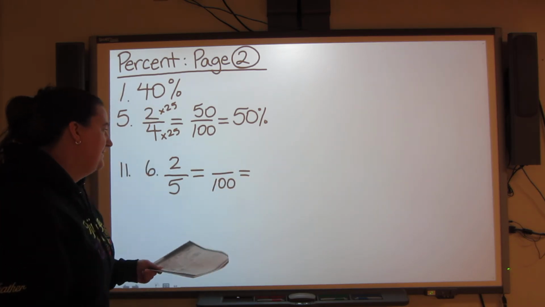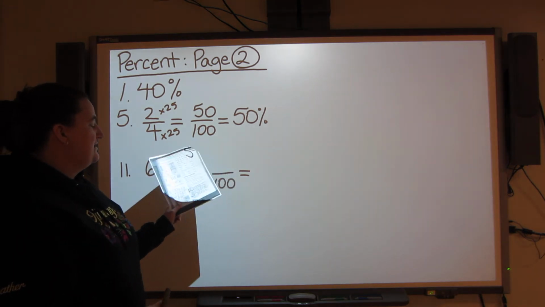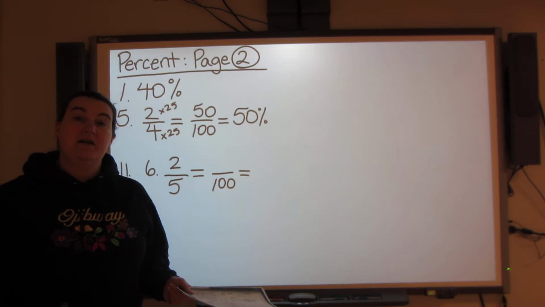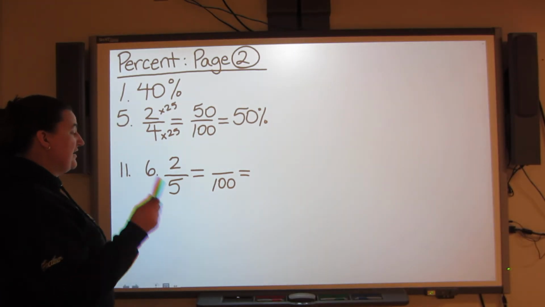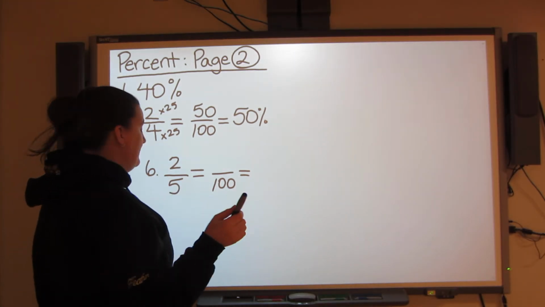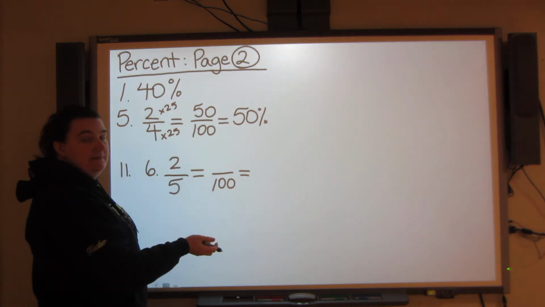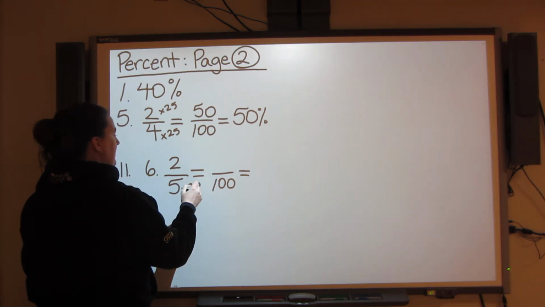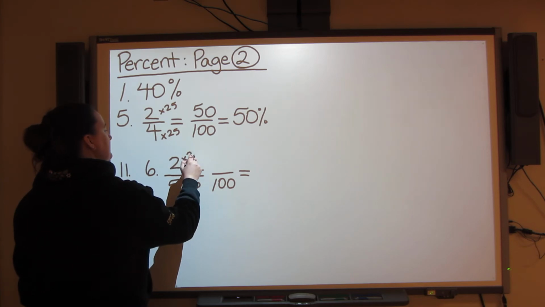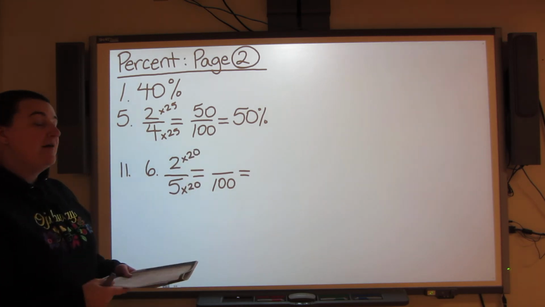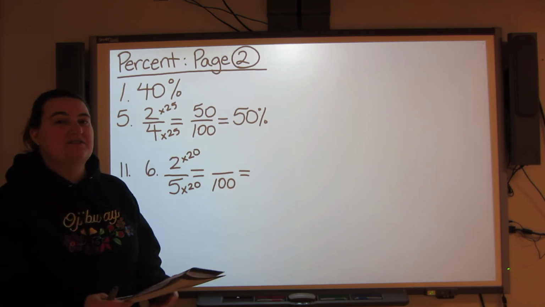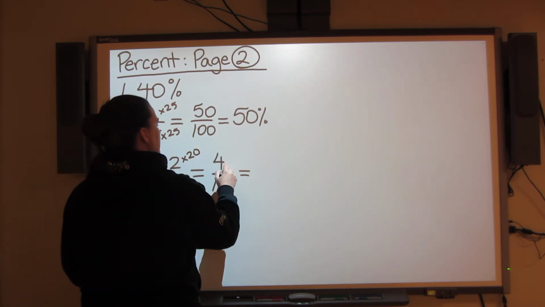You have to figure out what is the equivalent fraction for 2 over 5 with a denominator of 100. So you're going back to those math facts, those 100 math facts. 5 times something is 100. Well, 5 times 20 is 100. So whatever you do to the bottom, you have to do to the top. 5 times 20 is 100. 2 times 20 is 40.